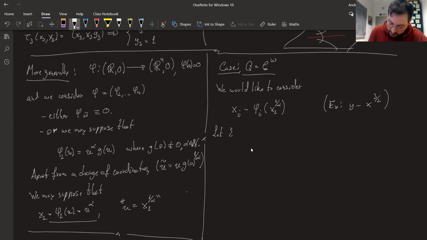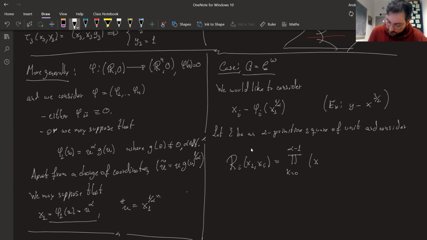Let psi be an alpha-primitive root of the unit, and consider R_i, which only depends on x_1 and x_i, given by the product from k equals 0 to alpha minus 1 of x_i minus phi of psi^k times x_1^(1/alpha).